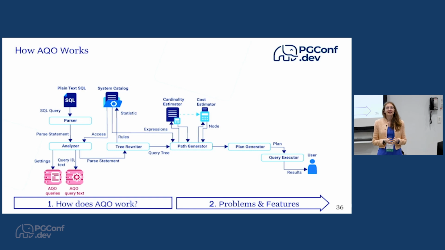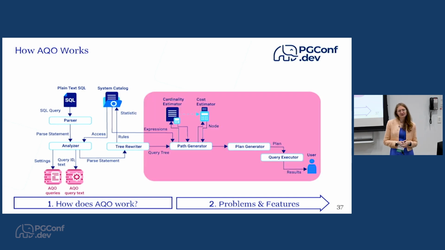They help us to determine whether a query is known for AQO or not. If a query is known, AQO processes it according to the settings. If it is not, it only adds information about this query to the storage.